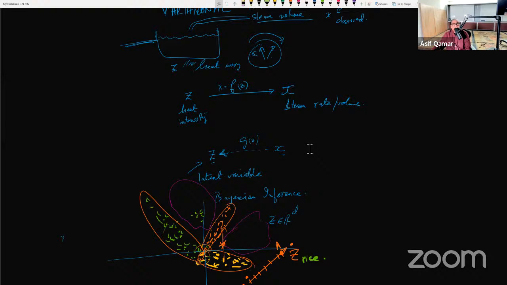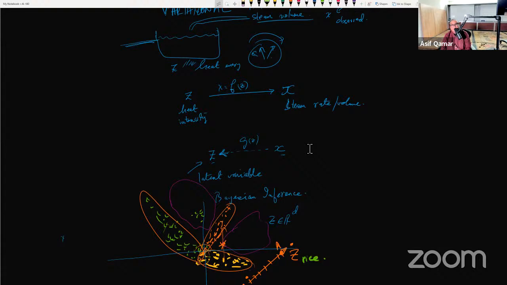The more heat energy that you're feeding to it, the higher will be the observed steam flow. Isn't it? And so suppose you couldn't see how much heat you're feeding it, but you suspect that is the cause of steam leaving a pot. What you're saying is your heat or your energy is the latent variable Z, and X is the steam outflow.